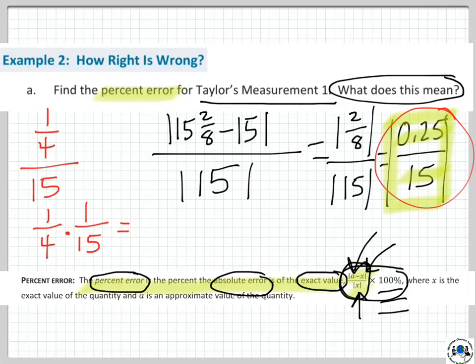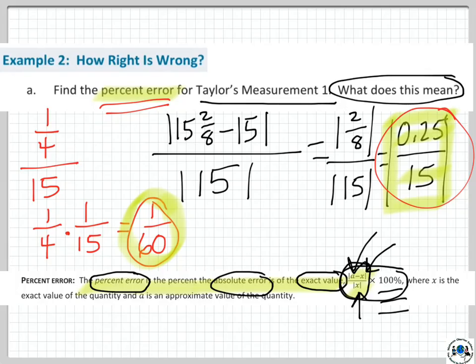Those of you who remember this, that would be 1 over 60. So that's actually 1/60th. So our percent error in this case is 1/60th as a fraction.